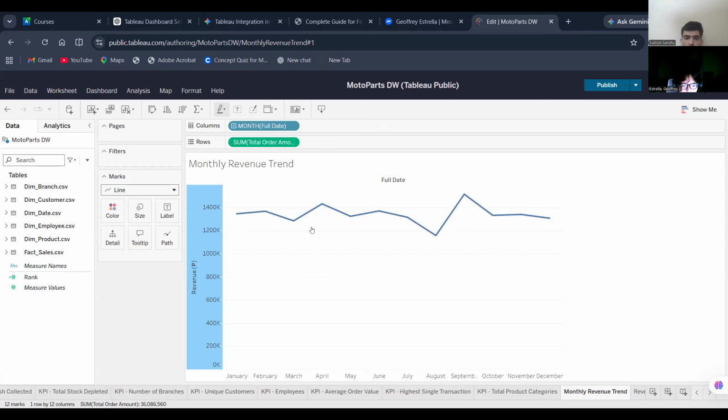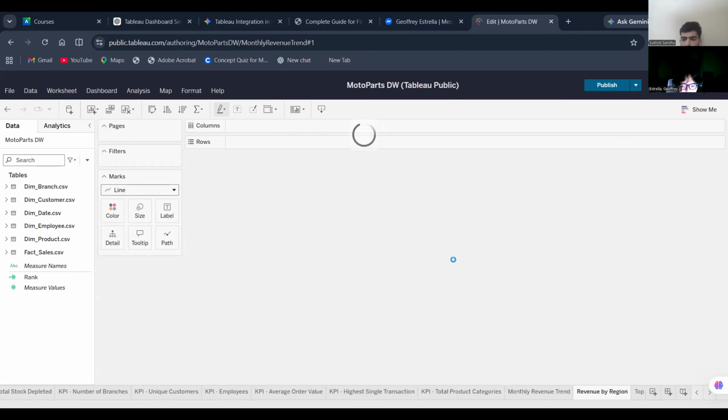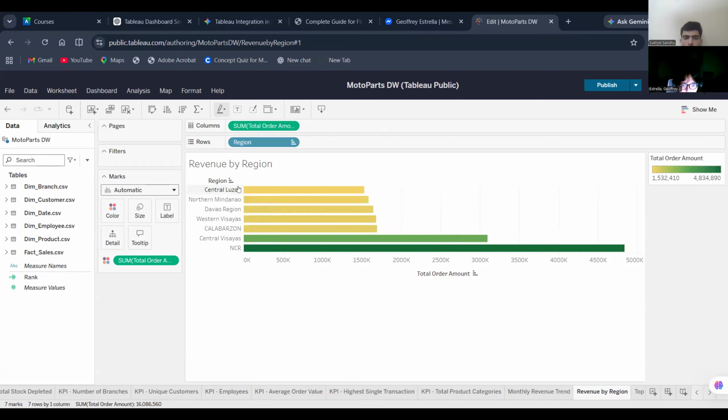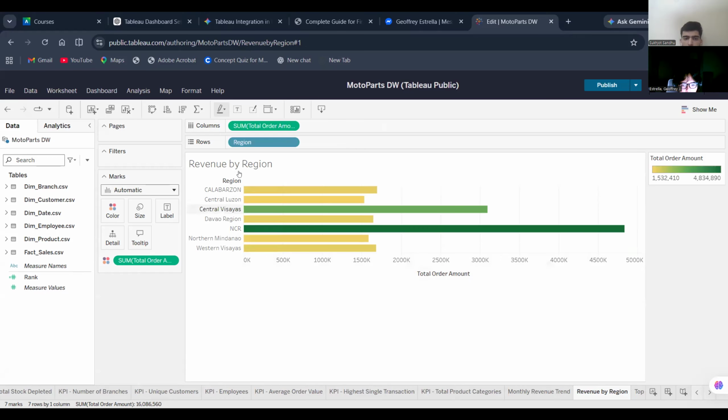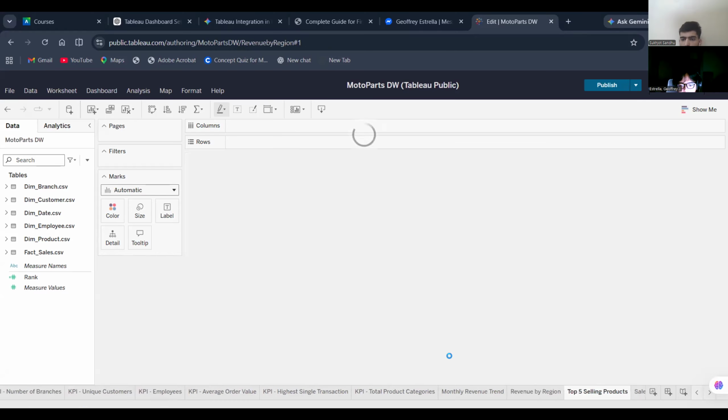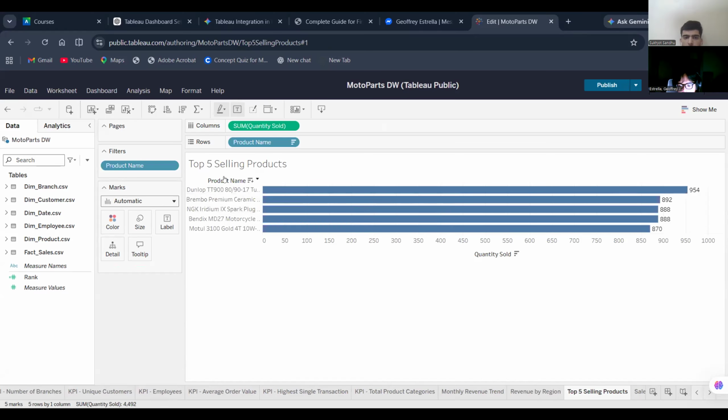And these are the visual revenue trends from January until December. This is revenue by region: Central Luzon, Northern Mindanao, Davao, Western Visayas, Calabarzon, Central Visayas, and NCR. This is the top five selling products from highest to lowest.